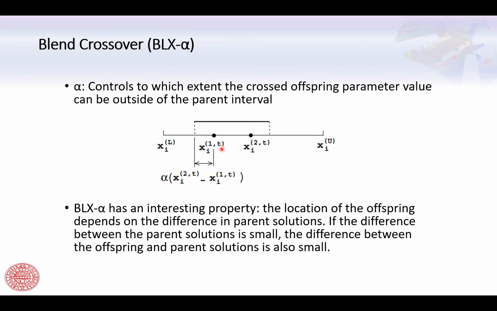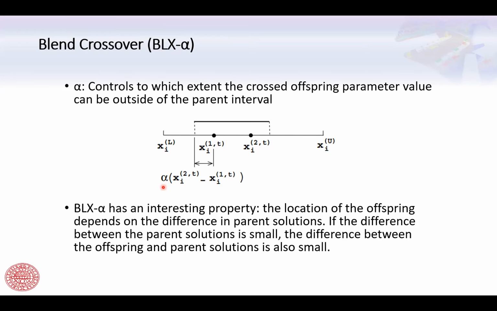So you are generating the offspring for generation T plus 1, but now you have 2 parents from generation T, 1 and 2. The idea is to combine the features from these 2 real variables, but at the same time you don't want to deviate that much, so you use an alpha to control it.